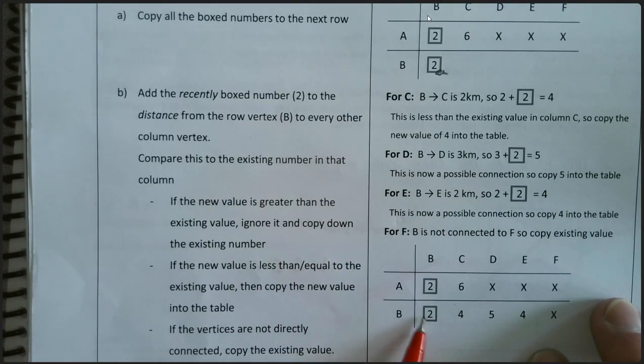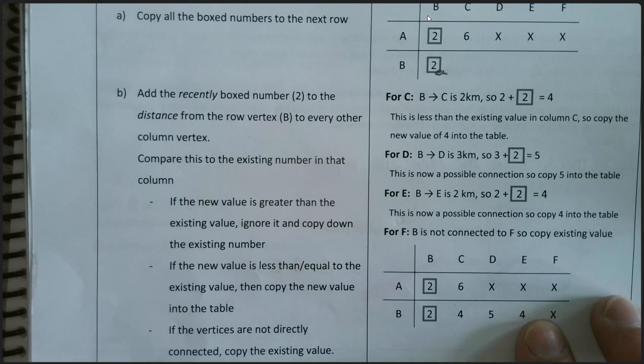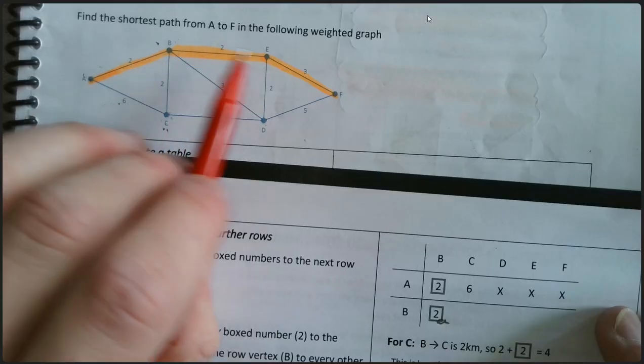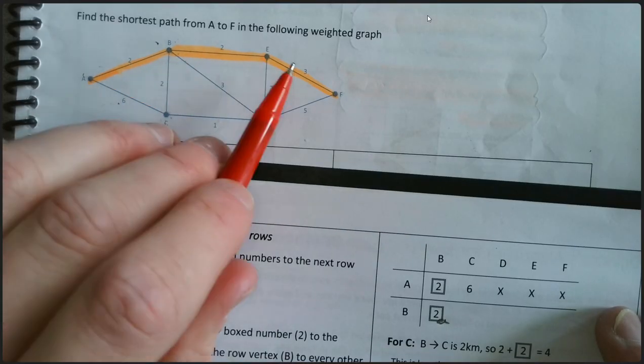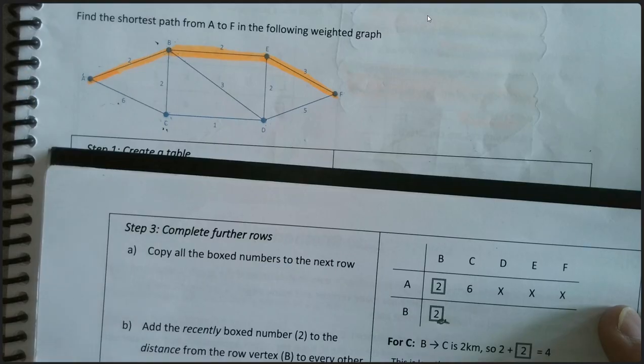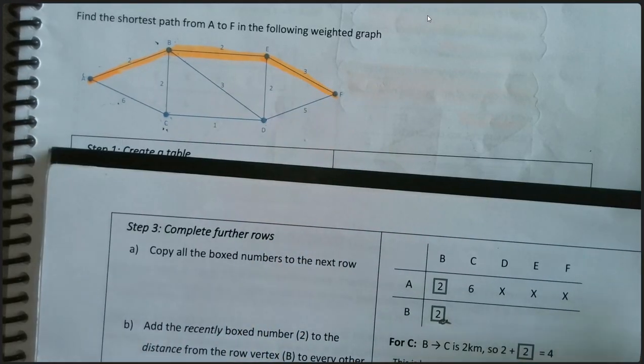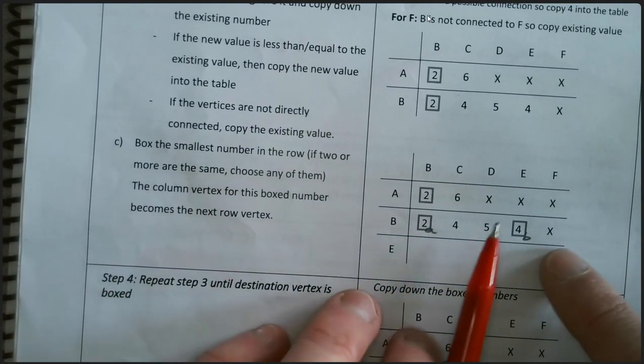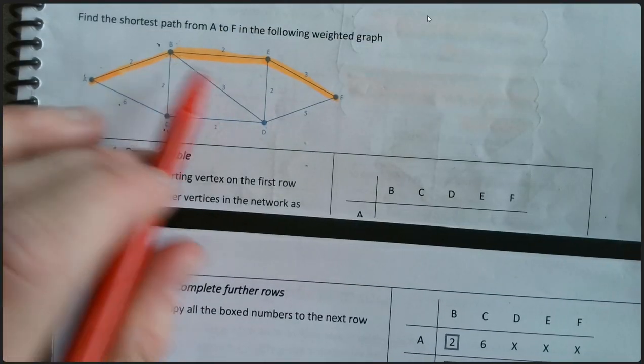We're adding on that 2 from this box because we've got there, so we can trial it unless there's a faster method. So B to E, I'm looking back at my graph. B to E is another 2, so there's a 2 plus a 2, which is a 4. So that's the fastest way to get to E so far. So that becomes a 4 down here. And then there's no way from B to F. So going from B to F, there is no pathway just there.